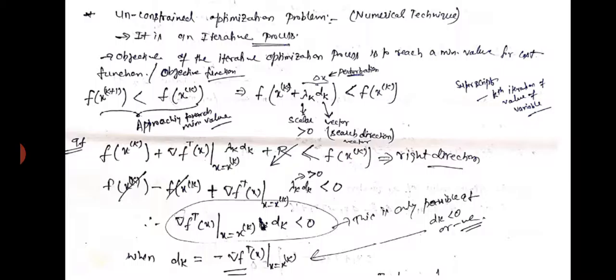First we have to understand the difference between the unconstrained optimization problem and the constrained optimization problem. In the unconstrained optimization problem, there is no boundary value, there are basically no constraints. What the constraints are, we will see later when we start the constrained optimization problem.